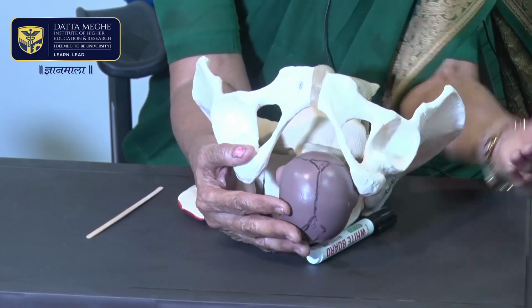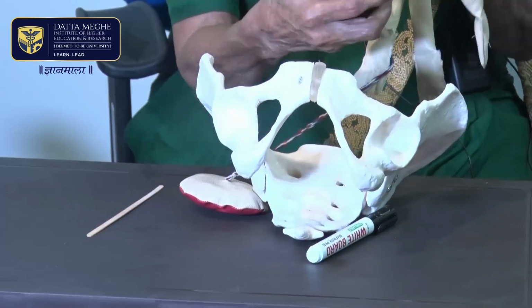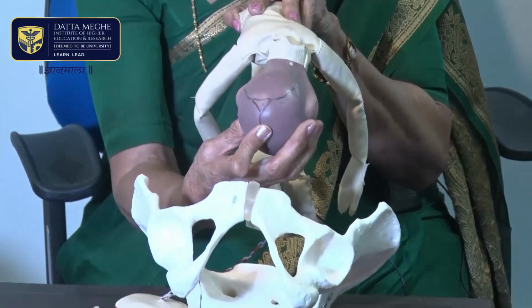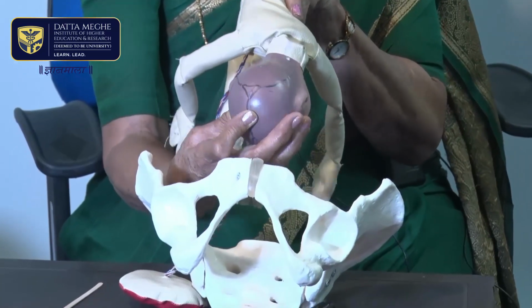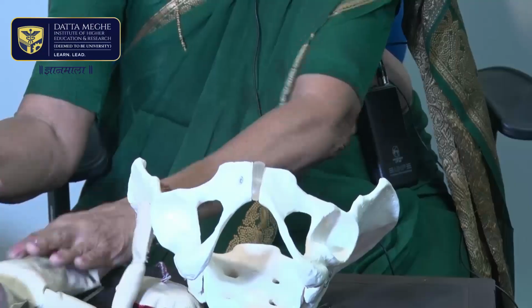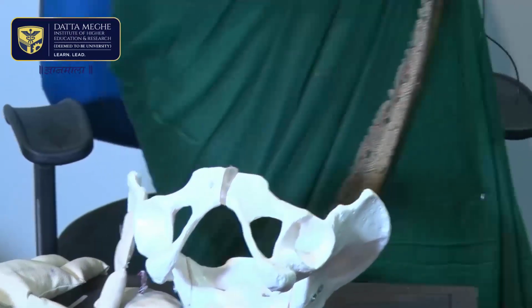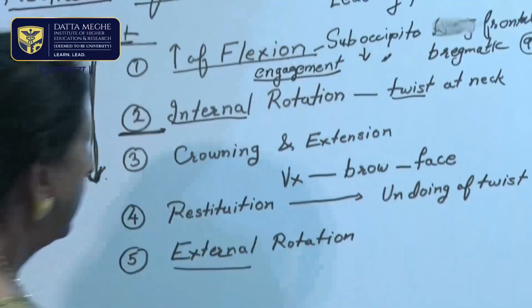This is known as internal rotation. What is the result of this? From the oblique diameter, the head is moving towards the midline. That is why there is twist at the neck. Remember, with the internal rotation, there is twist at the neck.